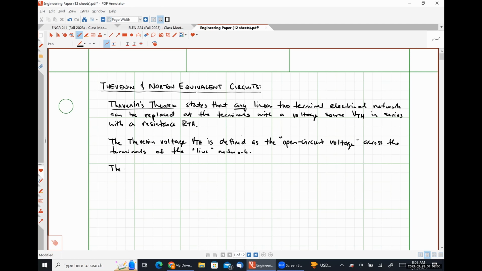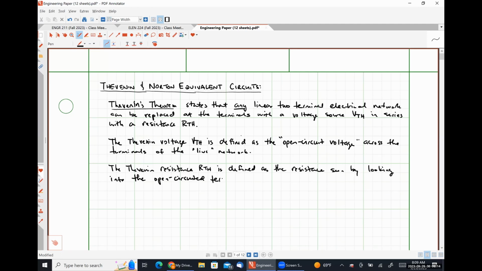The Thevenin resistance RTH is defined as the resistance seen by looking into the open circuited terminals of the dead network, where a dead network is one in which all of the independent sources have been turned off.